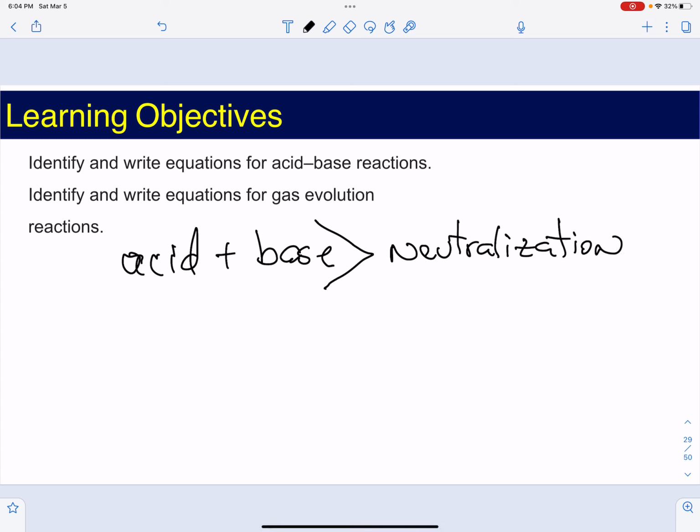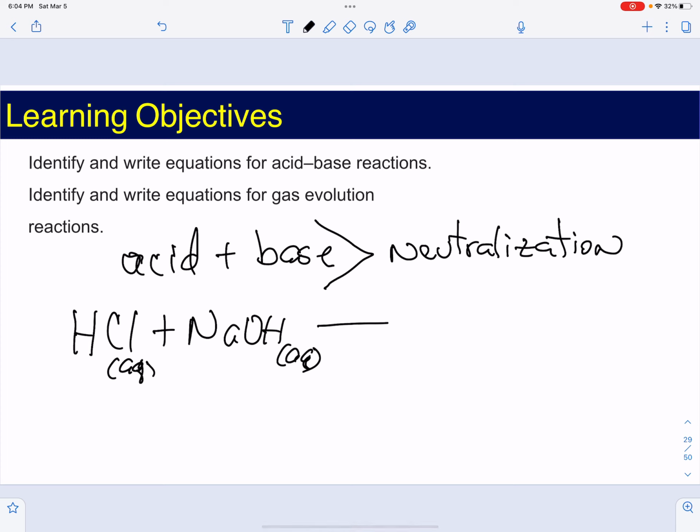The base stops being a base, the acid stops being an acid, and they become, for example, if you have something like this being aqueous and this being aqueous, if you do what we did before with the total ionic equation and you exchange the ions, you're going to get NaCl, aqueous, and water in this case.